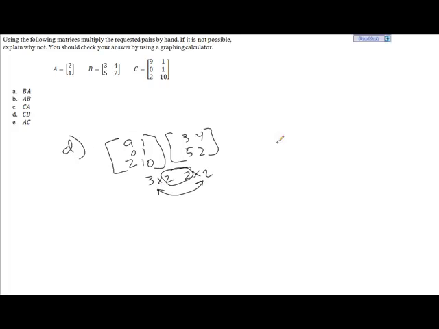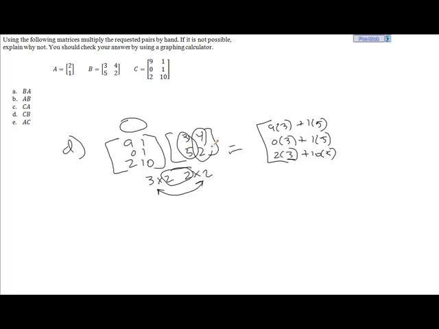To form our first column, we take this, collapse it this way, and we'll have 9 times 3 plus 1 times 5. Collapsing down to the next row, we have 0 times 3 plus 1 times 5. Then we have 2 times 3 plus 10 times 5. That column is already crushed all the way down to the bottom. Now we take this and multiply it down to create the next column in the resulting matrix.